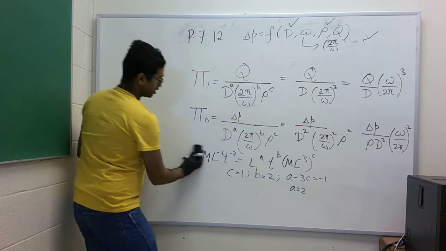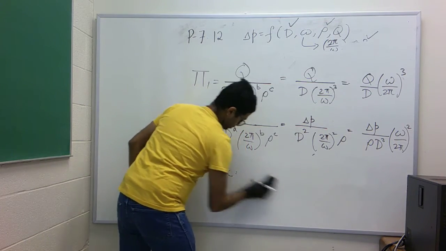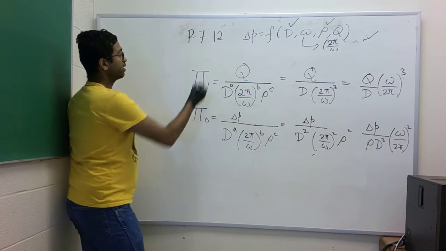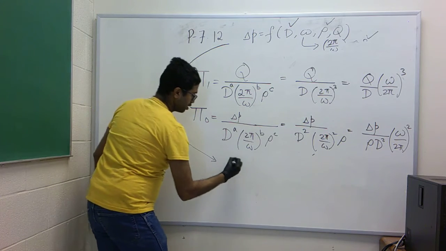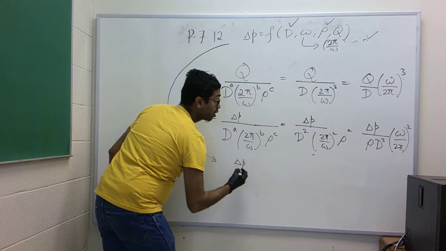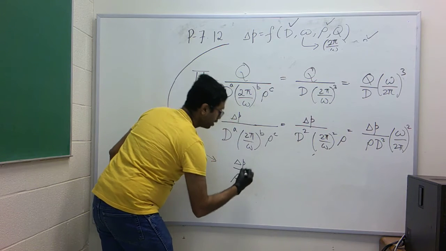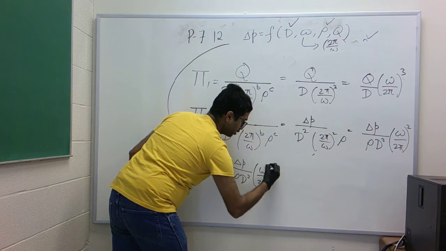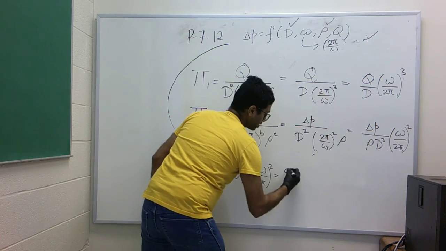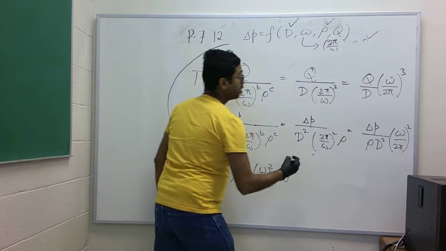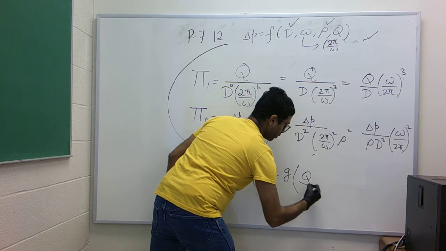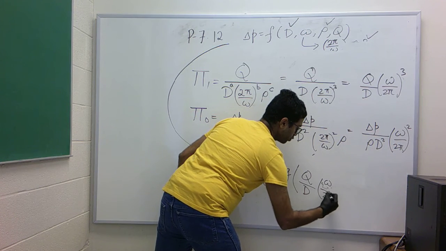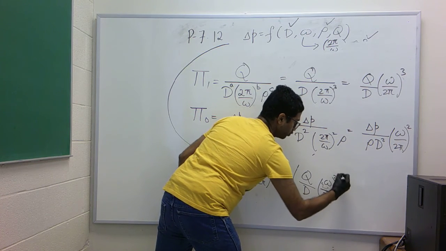So this equation at the top can be equivalently written as delta P over rho D squared omega over 2 pi the whole square equals an unknown function g of Q divided by D cubed omega over 2 pi.